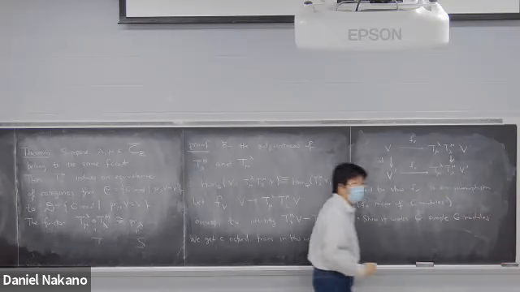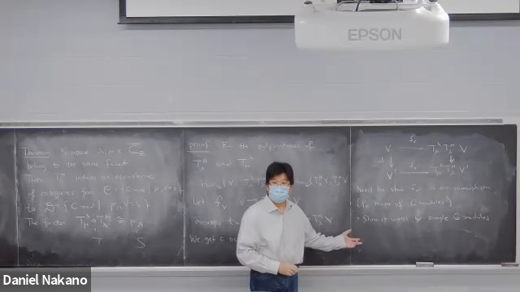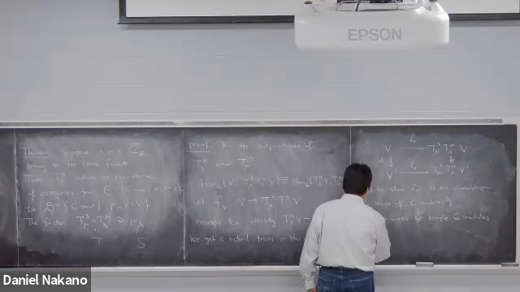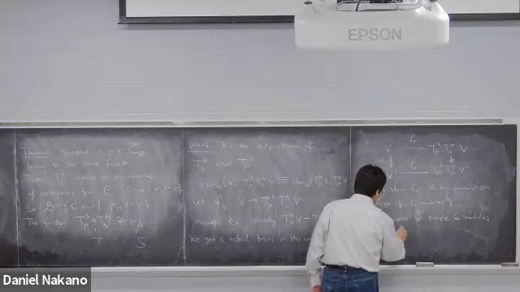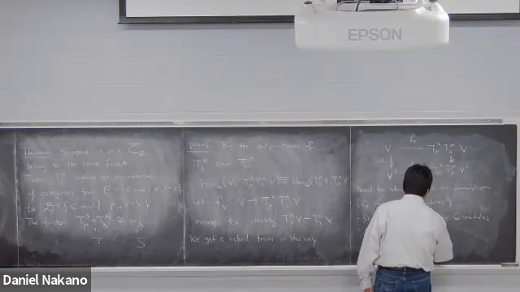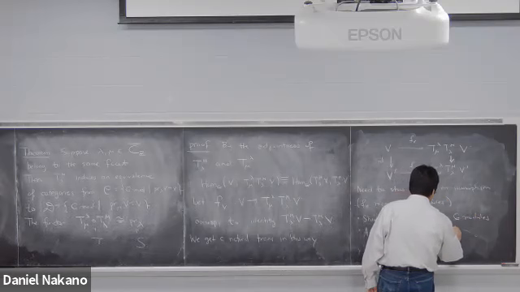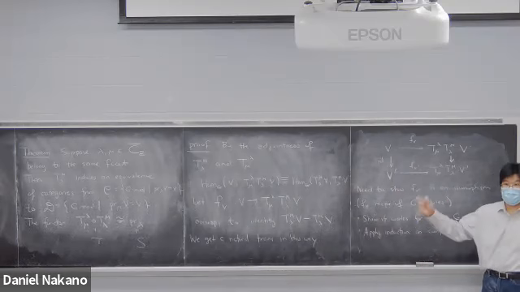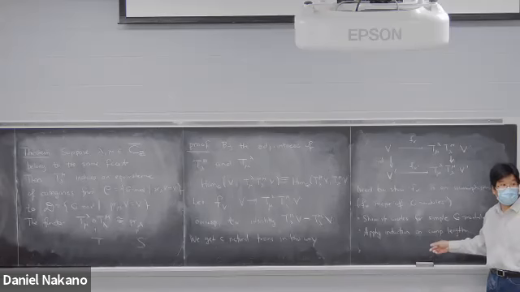And then you just use induction on the composition length, and then you could use the five lemma to do the whole thing. Is that clear how to do this?